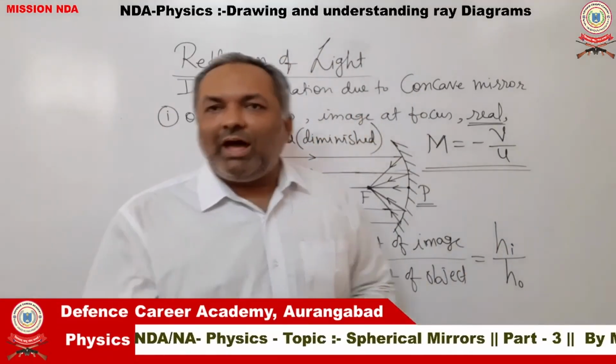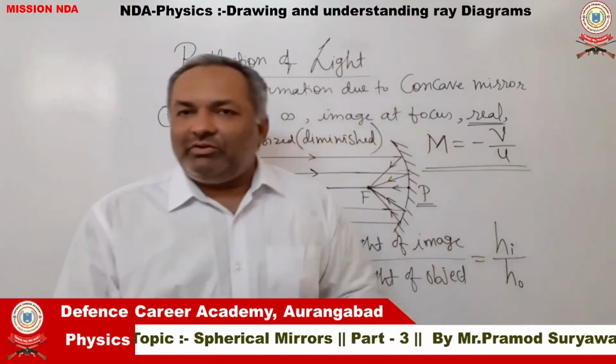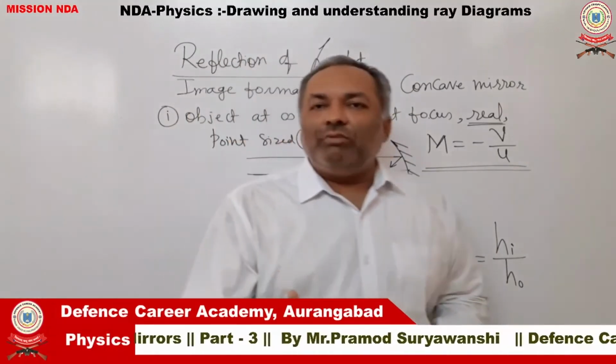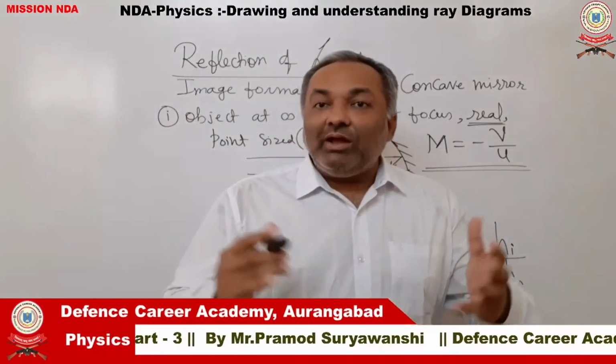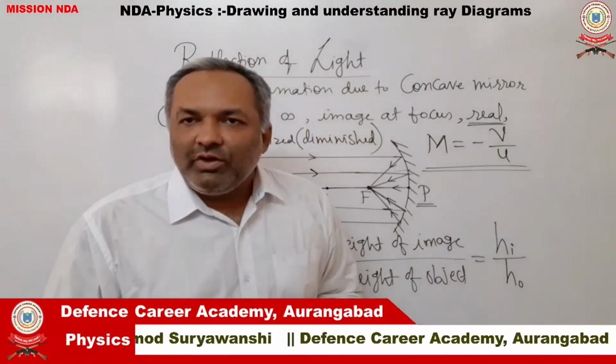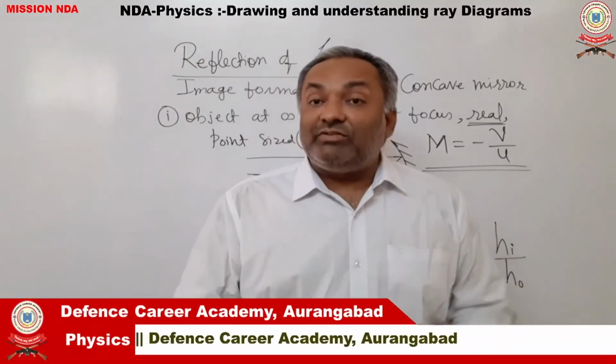Now the magnification concept applies to real as well as virtual images. That means you can have a real and magnified image, or a real and diminished image, or a virtual and magnified image, and a virtual and diminished image as well. It all depends on what kind of mirror is used, where the object is kept, how the image is formed, and where it is formed.